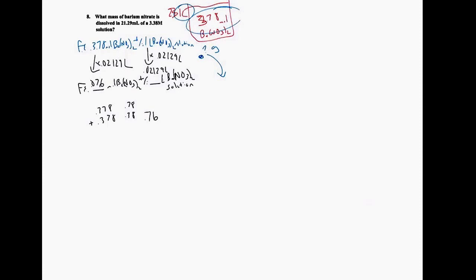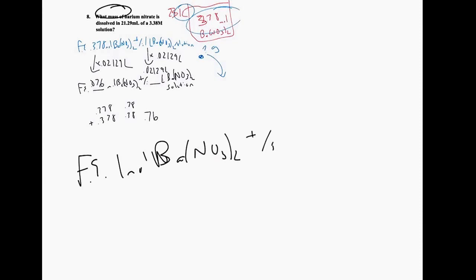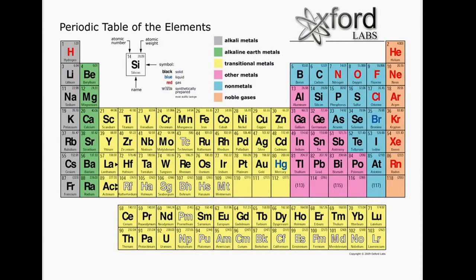Okay, so now I'm not done yet. I need the grams, because they asked for the grams. So for every 1 mole of Ba(NO3)2, there is, let's pull out our handy dandy periodic table. And we see that Ba is 137 1/3, N is 14, and oxygen is 16.